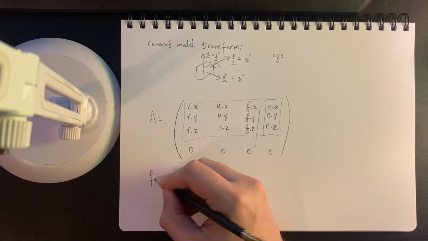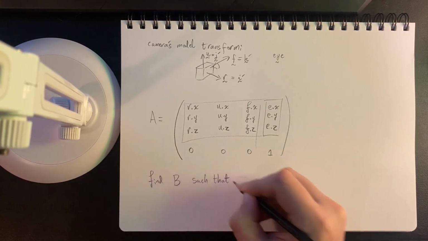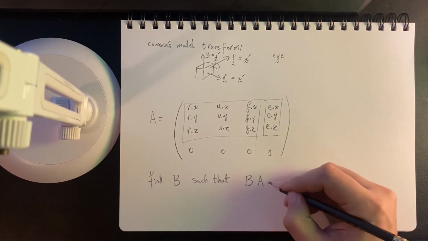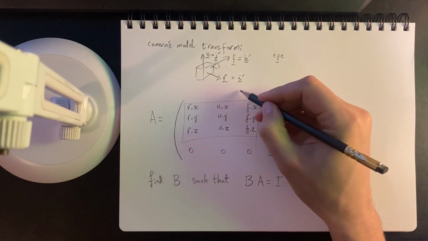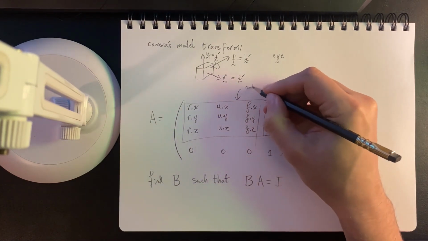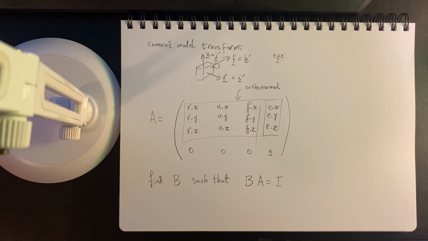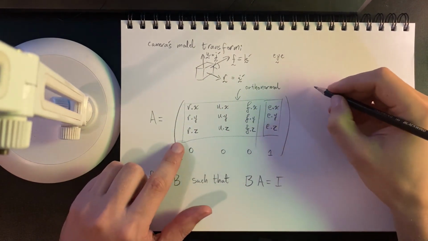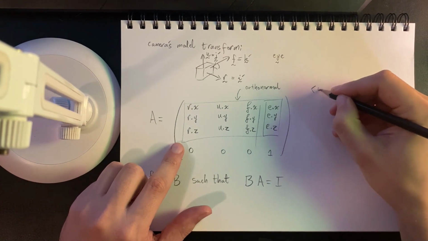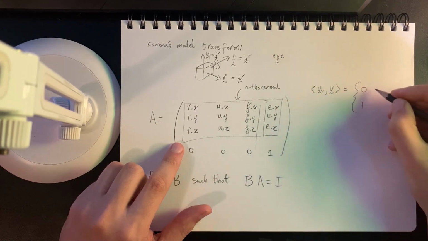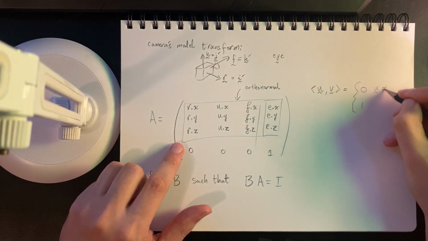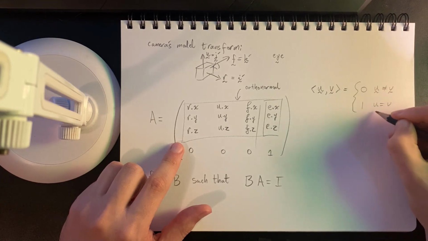So we want to find a matrix B such that when we stack it onto that matrix, it produces the identity. I'm going to make a claim and then we'll investigate it. My claim is that this rotation component is orthonormal. What I mean by that is that the dot product, or inner product, of two vectors is either 0 or 1. It's 0 if the vectors are not the same, and it's 1 if they are the same.